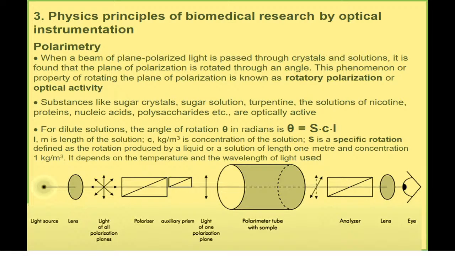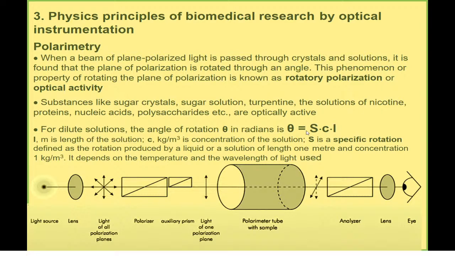Substances like sugar crystals, sugar solutions, solutions of proteins, nucleic acids are optically active. For dilute solutions, the angle of rotation in radians is of this magnitude. One more time, you can see it is the angle of rotation of the plane of polarized light.